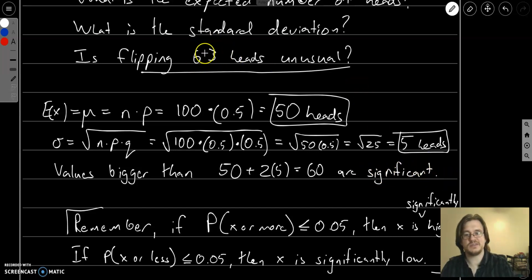So getting 63 heads would be a significant event, and we would consider that unusual.